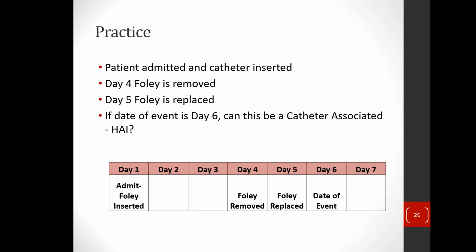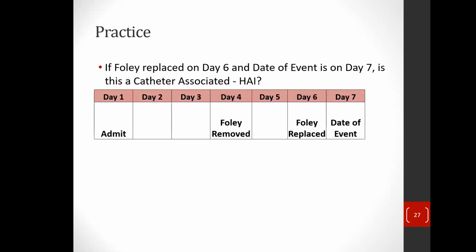Here's just another little scenario to reinforce that. Patient admitted, catheter inserted. Day 4, it's removed, replaced on day 5. Date of event is day 6. Can this be catheter associated? Yes, it's the day before the day of event. Another one, you can see when you map them out.